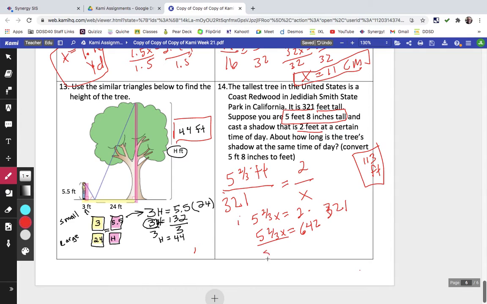So we're going to divide that by 5 2/3. Let's change 5 2/3 to, let's see, 17/3.